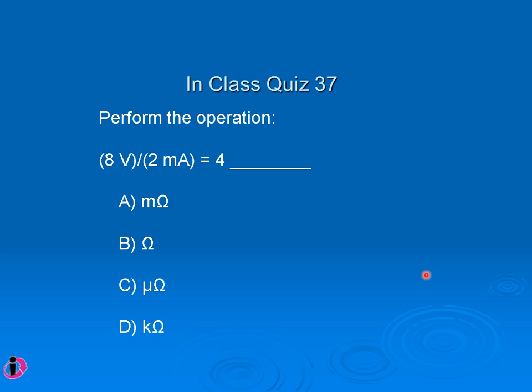This is a division. So 10 to the power 0 minus 3. You have ohm here. That becomes 4 times 10 to the power plus 3, which makes it 4 kilo ohm. So the right answer is D.